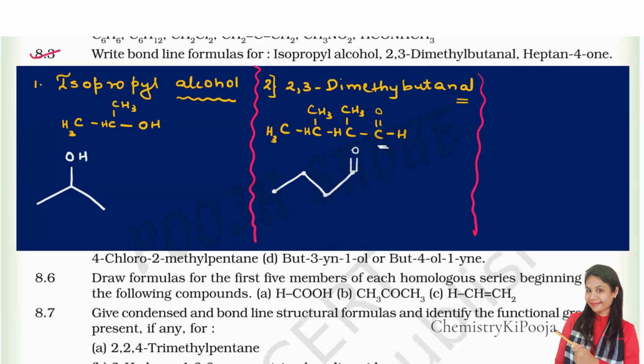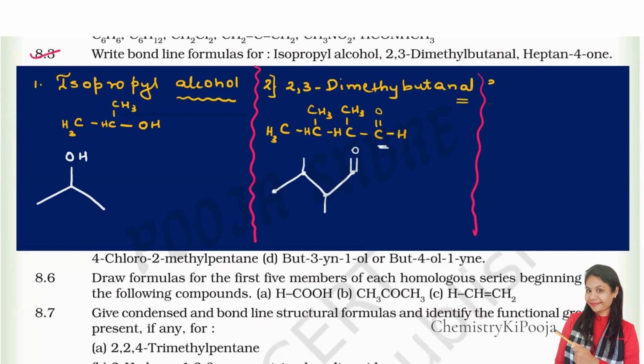Only the double bond to the oxygen atom we are going to show, and no need to put the hydrogen. It is understood that there is hydrogen present. And then on this carbon, we have a methyl group, and then one more methyl group. This is the answer for question number 2, that is 2,3 dimethyl butanal.